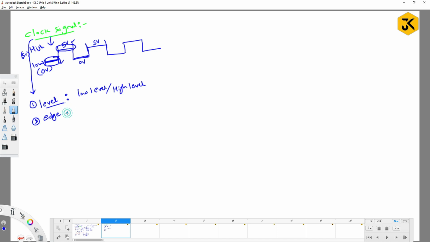Similarly, edge clock signal means when you are transferring from low level to high level, you get a situation like this, right? This is what I can call transferring from low level to high level. Or you are transferring from high level to low level, I represent this kind of symbol. Observe this kind of symbol.